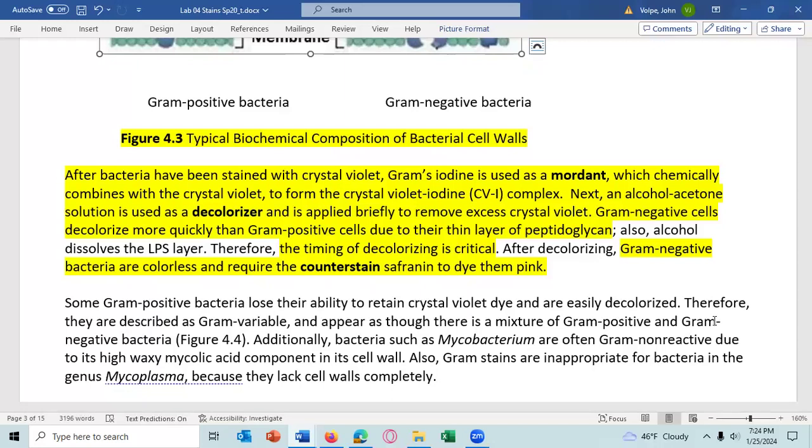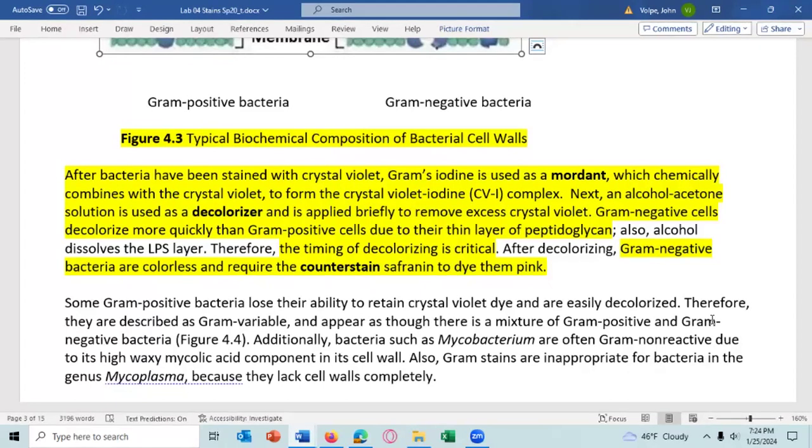And then next in the gram stain, we treat the cells with alcohol acetone, which is used as a decolorizer, and that will remove the crystal violet iodine complex from the gram-negative cells, but not from the gram-positive cells. And the reason is simply the thickness of the peptidoglycan layer.